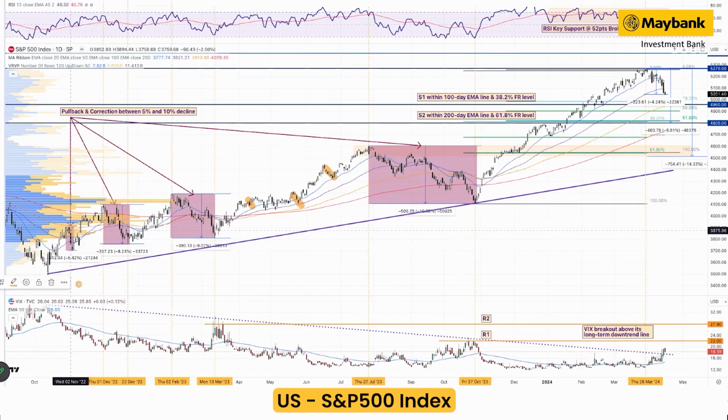You see one in November, 5% downside, 8.2% correction move, 9.07%, and the bigger one, since July last year, is about 10% correction move. Beyond that, since the low of October 2023, the index did not correct more than 5% until recently. The recent decline saw the S&P 500 drop about 200 points, which is close to about 4%.